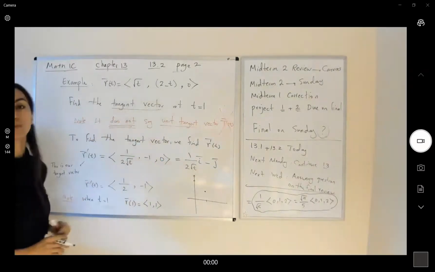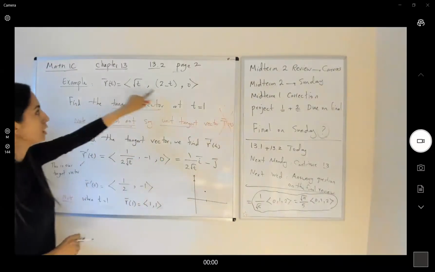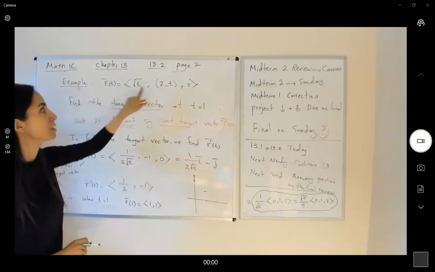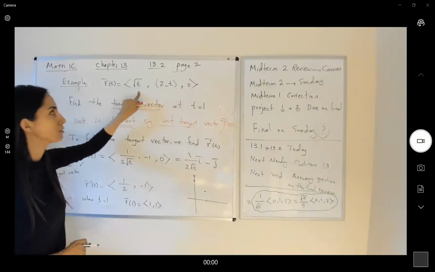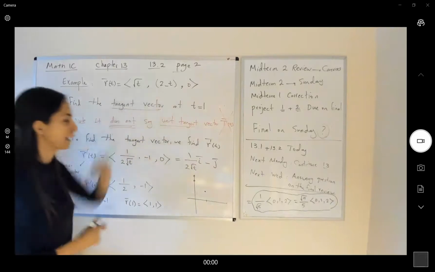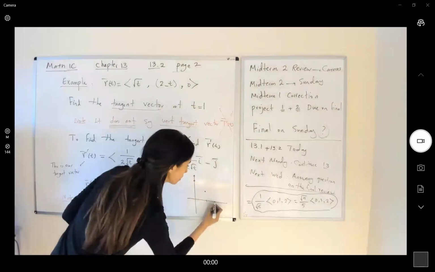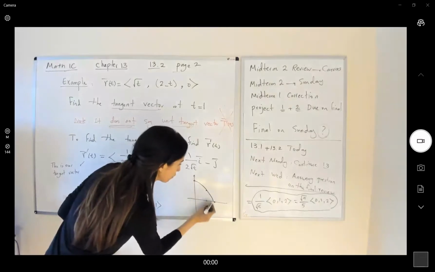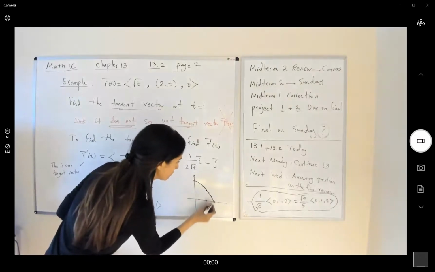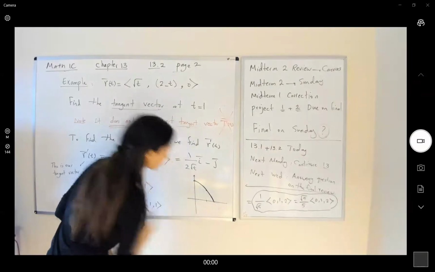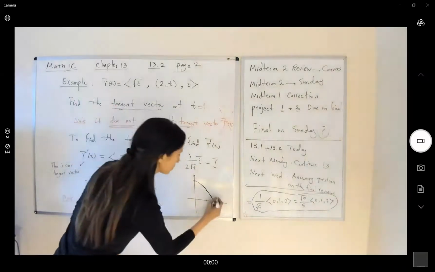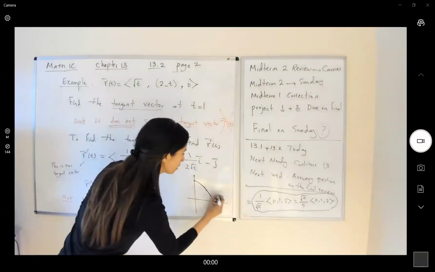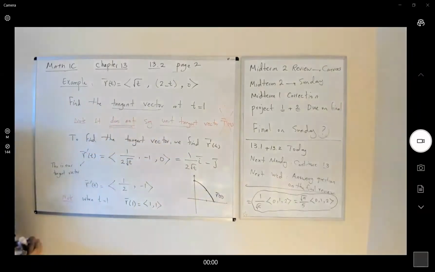And if t is equal to 2, you get square root of 2, about 1.4, and 0. So it's going to be here. This is the graph of your function. This is your r of t. Some part of r(t). Very good.